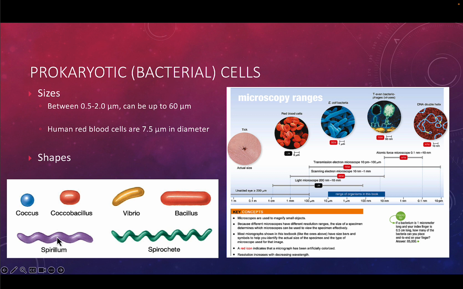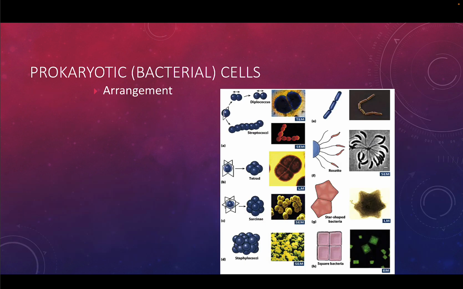We have wavy cells that we call spirillum. And then we have really tight curls, almost like a corkscrew, that we call spirochetes. So we have lots of different shapes in our prokaryotic cells. Some of the archaea have even weirder shapes. These are mostly bacterial shapes; archaeal shapes can be even more strange.